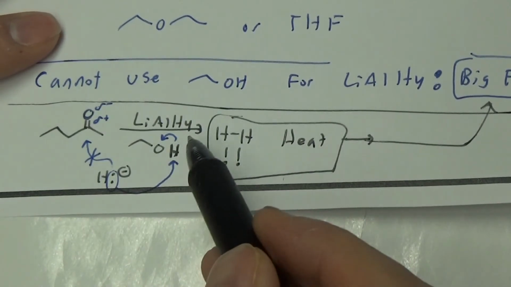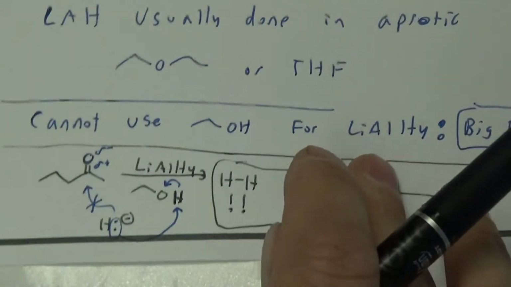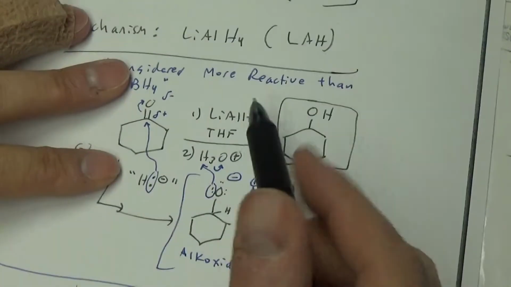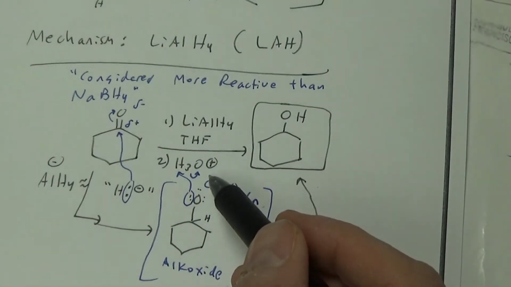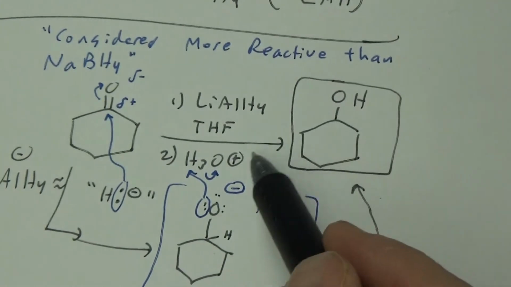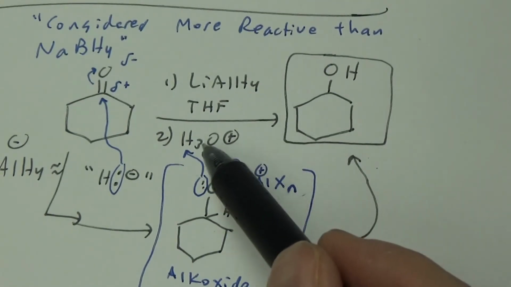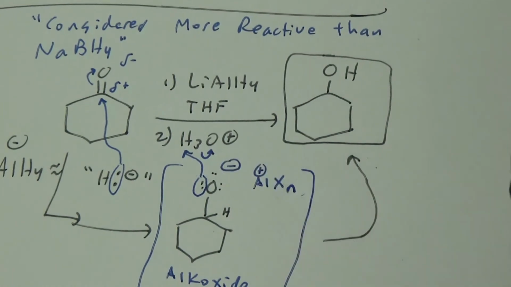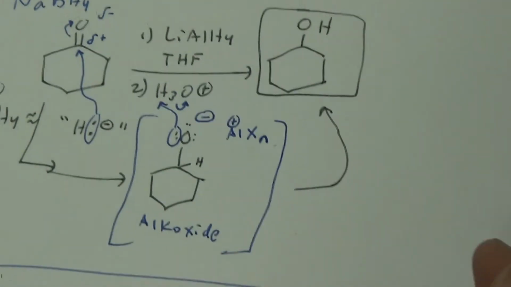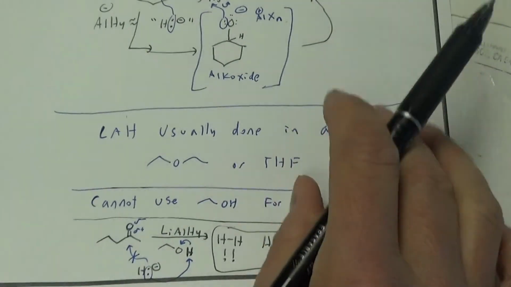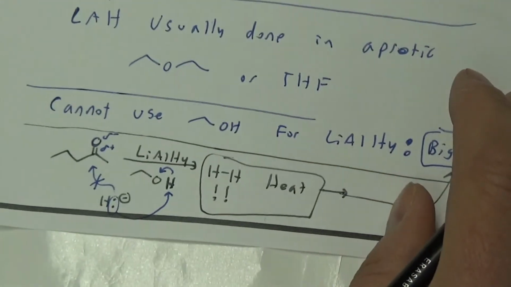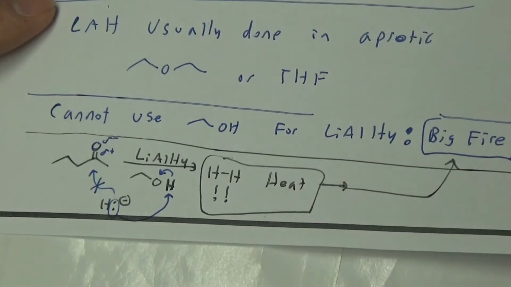And then we have a second step with lithium aluminum hydride. We have a second step with H3O, which is usually done very carefully and slowly to also avoid fires. So this is done separately. Okay, and that's why we don't use ethanol for lithium aluminum hydride.